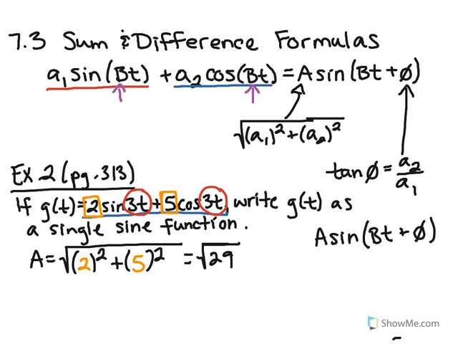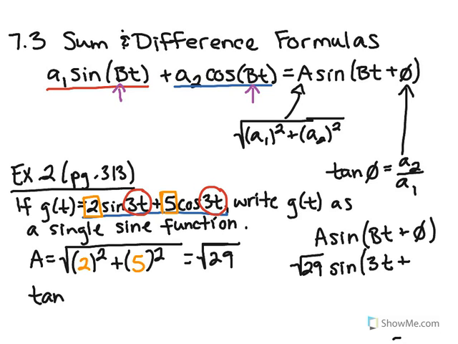So I'm going to substitute in square root of 29 for A, and I'm going to write sine. Now bt is the b that we started with, our like term, which was 3t in red. So I'm going to copy that down right here. That's not going to change. Plus phi. Now we have to go in and find our phi.